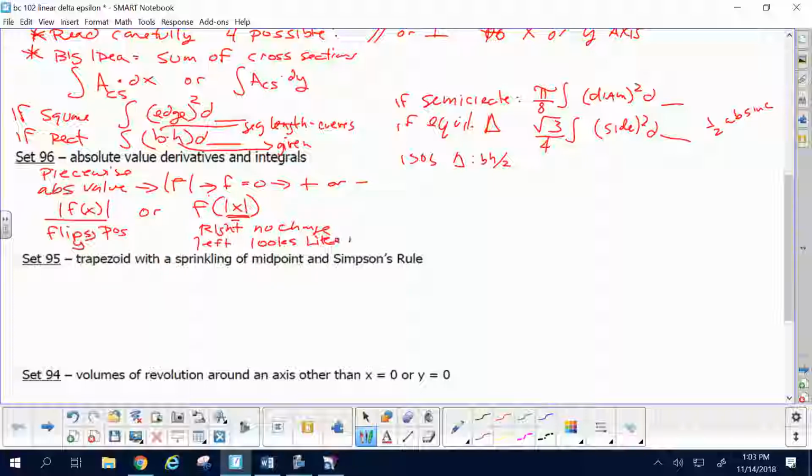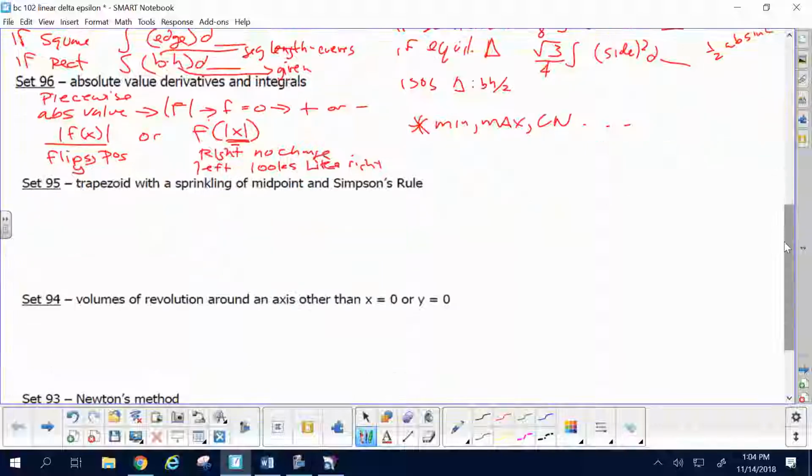You with me? Because the absolute value would change negative x's to positive x's. Negative x's would be made to behave just like the positive x side. So the left side would mirror the right side. You follow? Okay. Be able to find mins and maxes, critical numbers, etc.